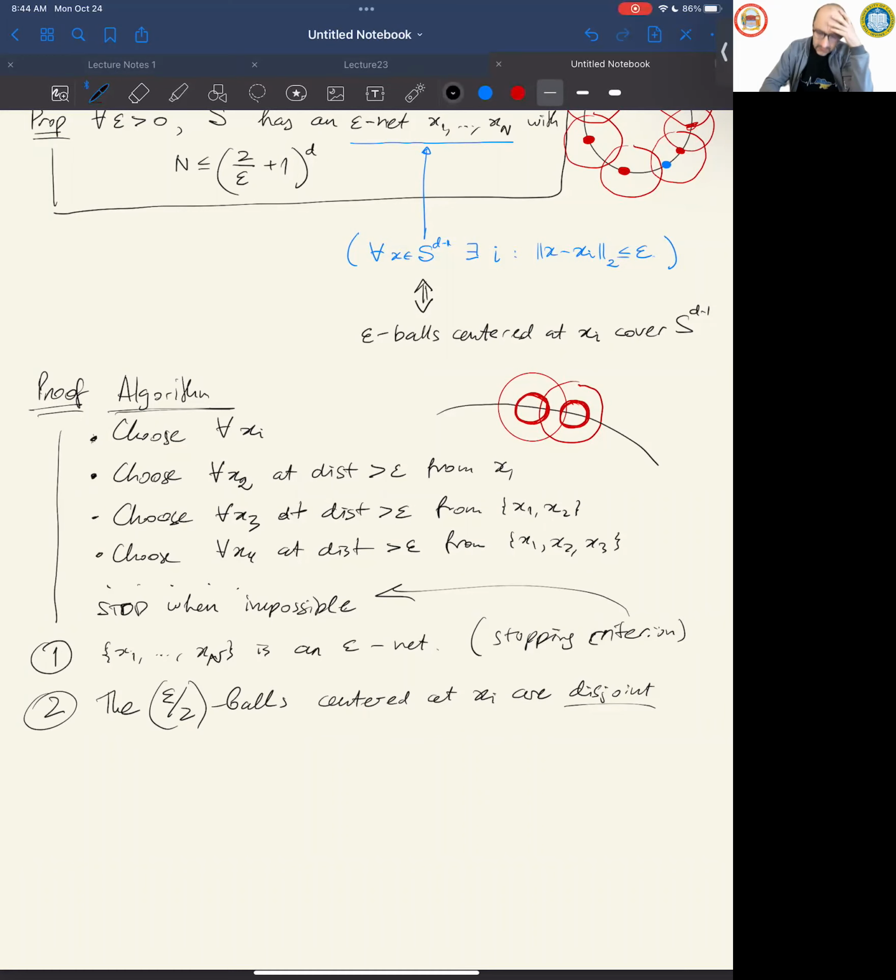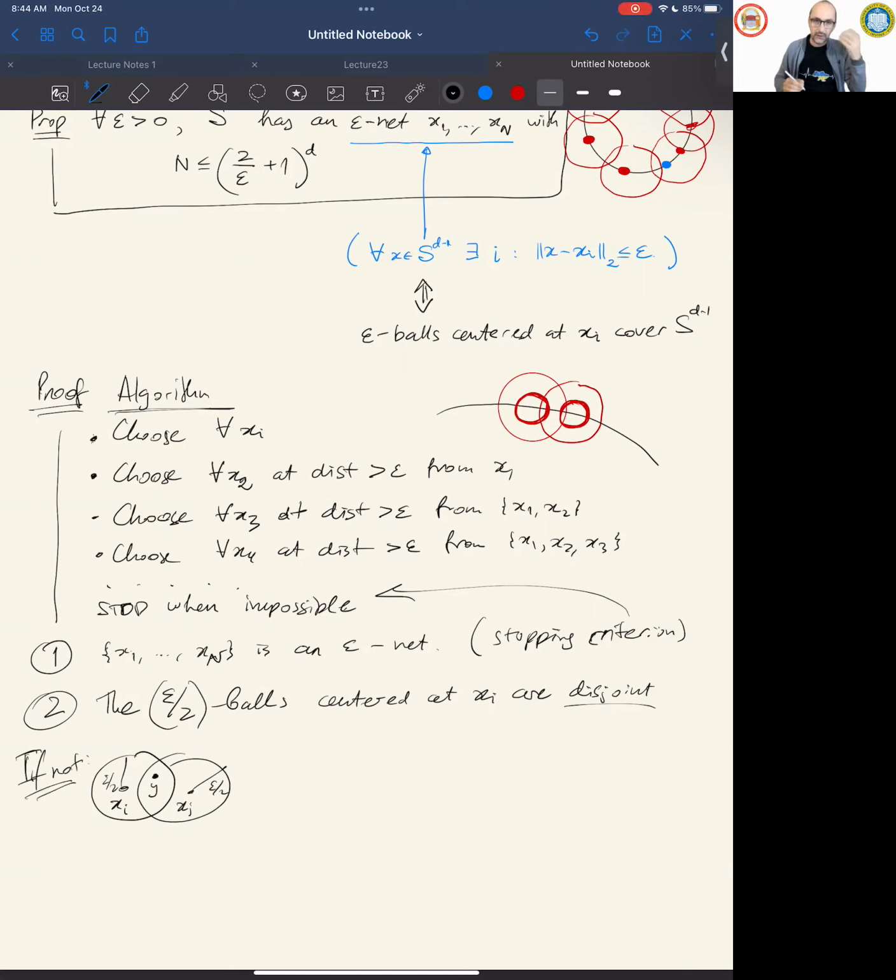Again, let's just think. All these points are epsilon separated, right? If this were not true, there would be an epsilon over 2 ball centered in xi and another epsilon over 2 ball centered in xj, and there would be some point in the intersection.